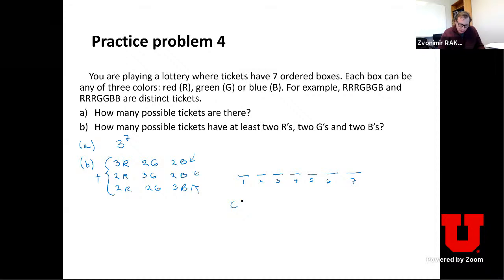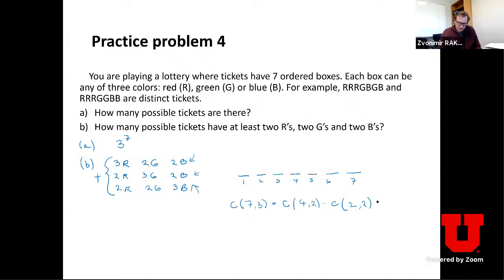So that's going to be choose 3 out of 7 times. Then we choose 2 slots out of 4 leftover slots to place the G's. So we are going to choose 2 out of 4 to place the G's. And then finally, we are going to choose 2 out of 2 to place the B's. So that's the first row.